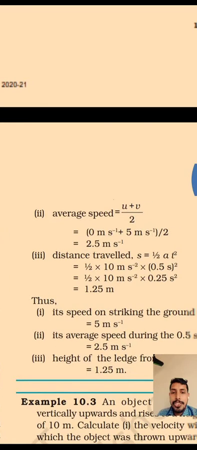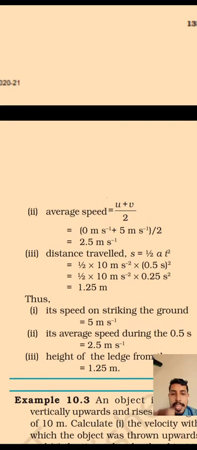Half into a, the acceleration due to gravity, which we represent as g, that is 10 meter per second square, into 0.5 second all squared. So half into 10 meter per second square into 0.25 second square, the second raised to minus 2 cancels out. So 1.25 meter is the distance traveled.